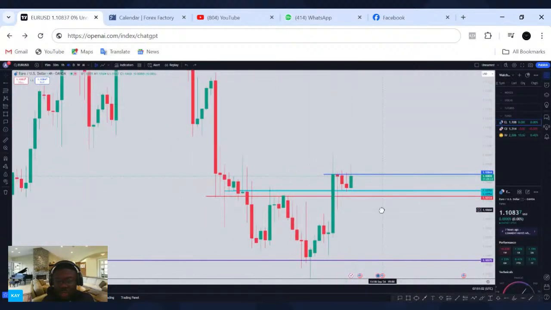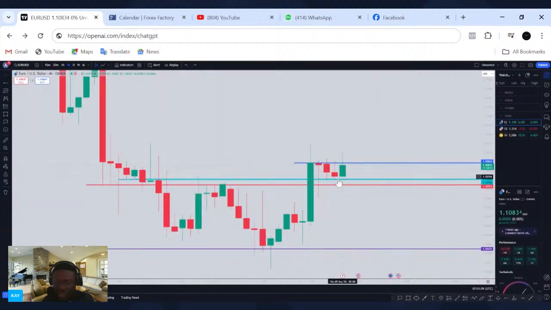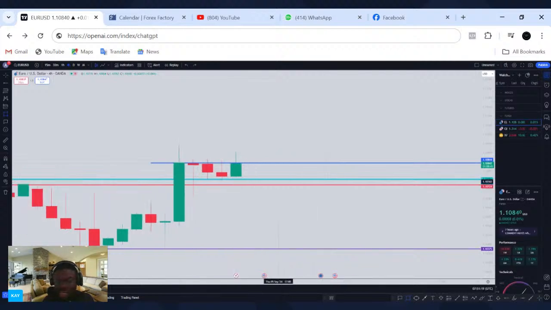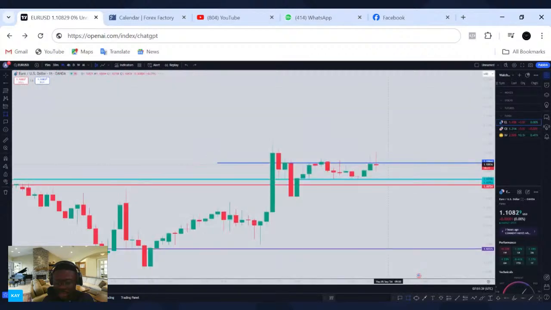The reason I was very patient on this move is, anytime a candle opens, you have to wait for a pullback before you enter. It is best to enter on a pullback. But this one was created with no pullback. If there was no wick, when you move to the lower time frame, you are going to see a pullback. If you see a heavy move and there's no wick, when you move to the H1 time frame, a time frame lower than where you are seeing it, you see the market trying to create the pullback like this.